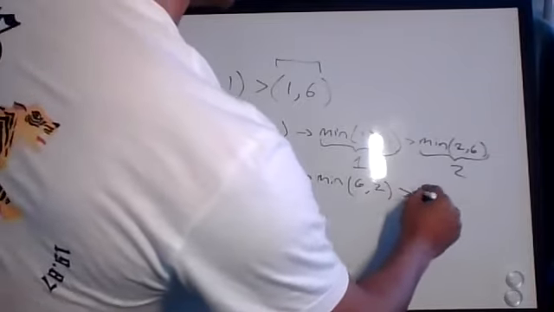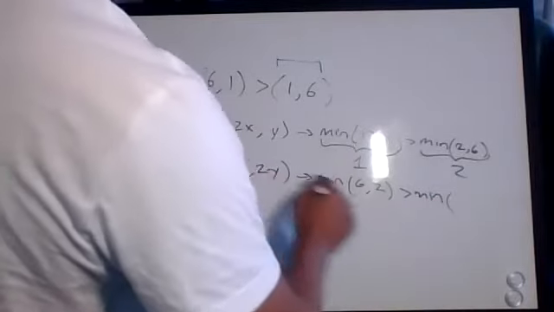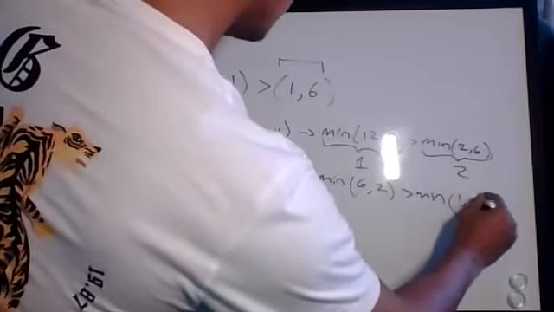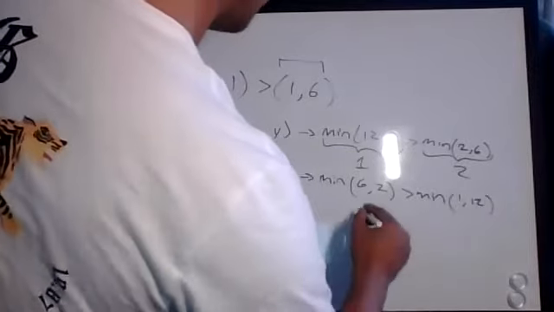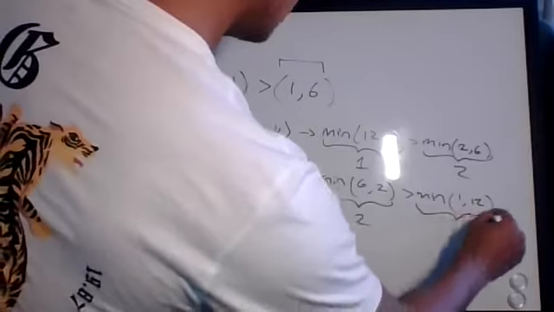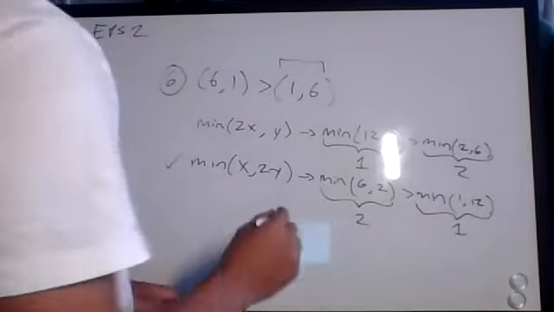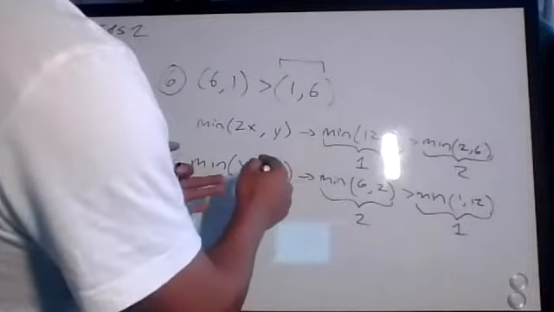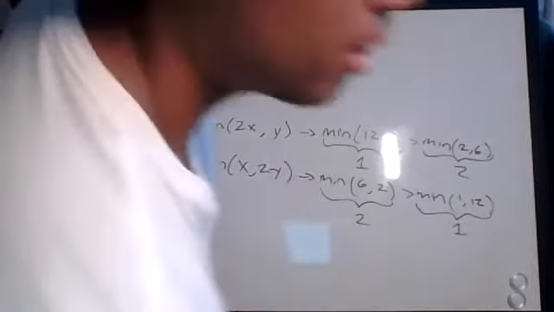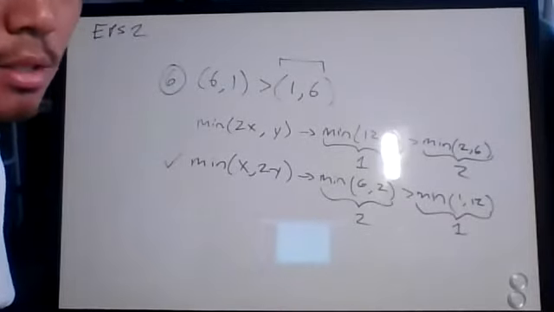And we want to see that this is better than 1 and 6 being plugged into here, where this is 1 and this is 12. And we'll see that this is going to yield 2 and this is going to yield 1. And so this answer choice follows through with what the assumptions were beforehand, right? So the answer is going to be D, right?